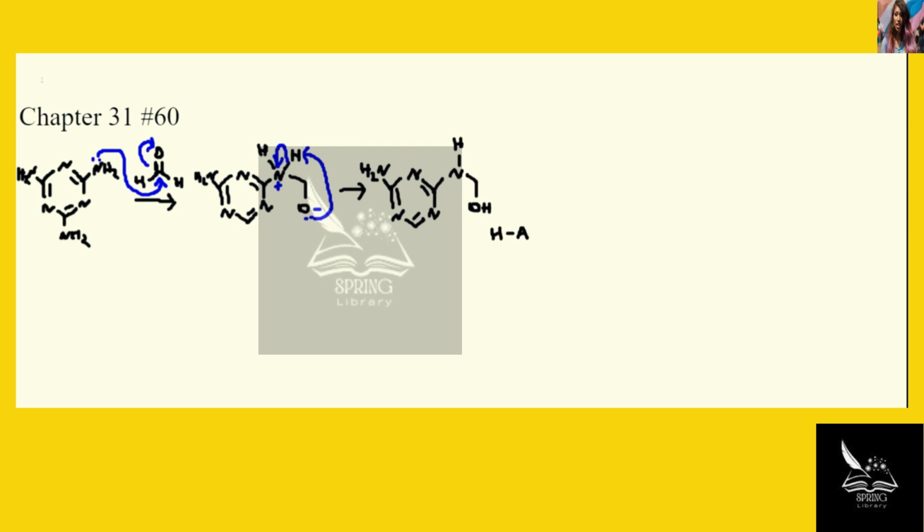So there's our HA. The next thing that's going to happen is a lone pair on the oxygen is going to grab the acidic proton. And so that takes us to here.